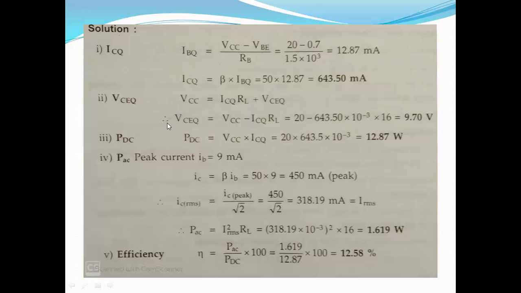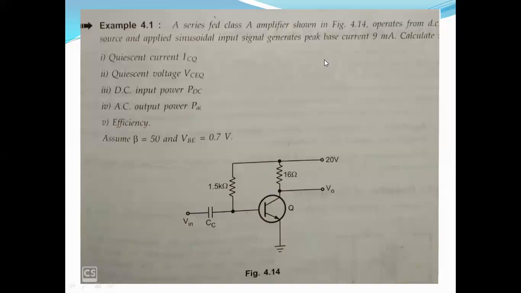AC output power. Here we have to find that value. The peak current is 9 milliamps. So IB is 9 milliamps, because in the question it is already mentioned that the sinusoidal input signal generates a peak base current.